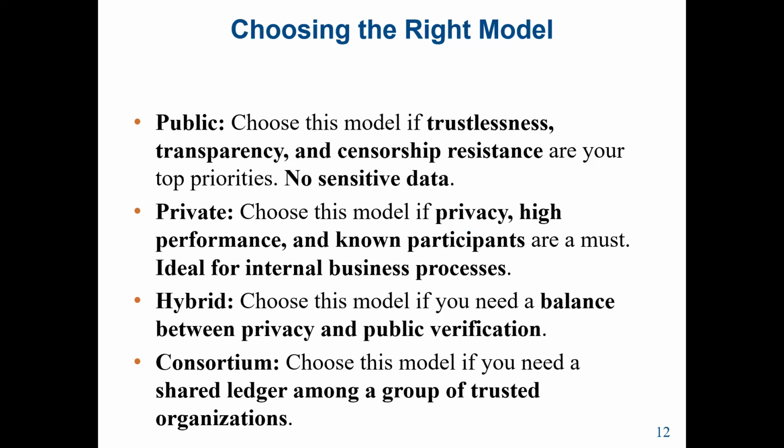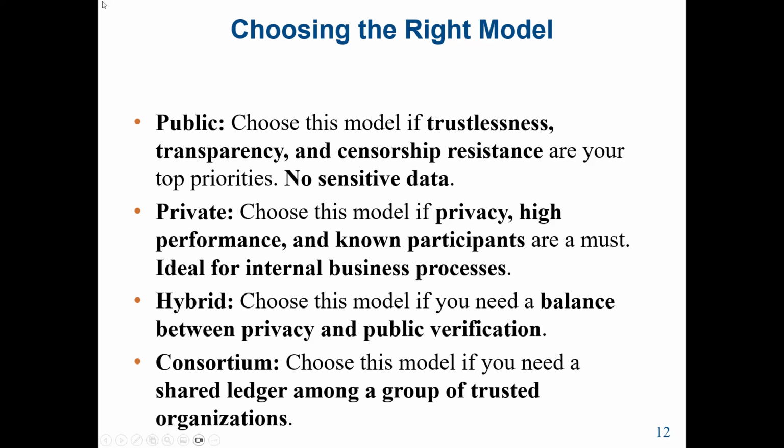So if I need high privacy, I may go with private or maybe hybrid, but public, no. So we have to look at trust and governance, data privacy, also performance. Performance is something we have to consider. Censorship resistance is also important, and also the cost. So these are the main key considerations before we choose the right model.